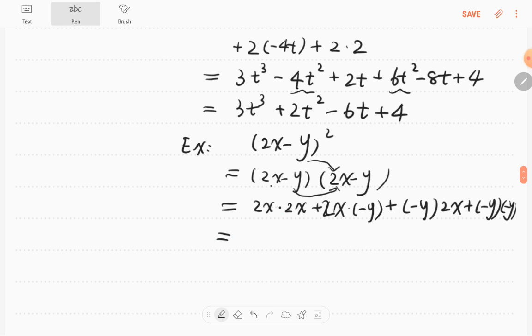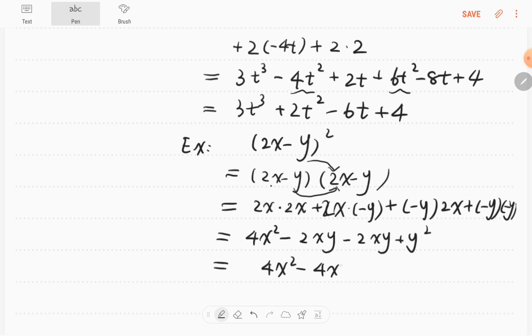So after that, we should do the multiplication: 4x squared and negative 2xy, another negative 2xy, and the last one, negative y times negative y, we will have positive y squared. So your answer after you combine like terms will be like this one.